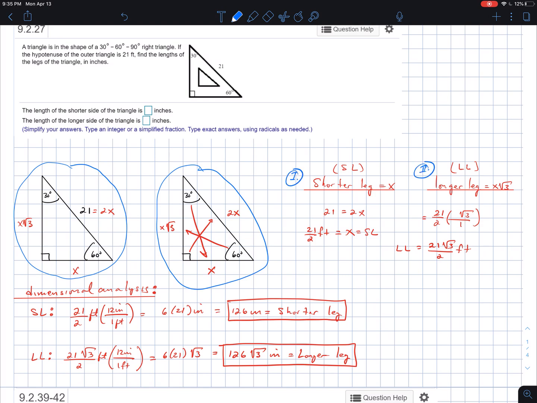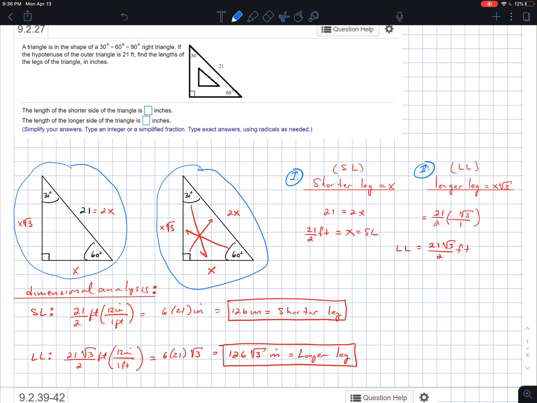In the first one, I called it SL for shorter leg, and that equals x because it's opposite the 30 degrees. So that's quite easy to do. If we know what the expression is, then we know that the hypotenuse, 21, equals twice x.